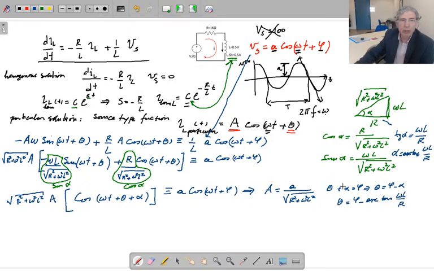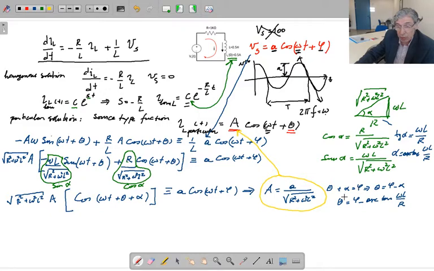What we have done, I'll show you. We said we are going to calculate this capital A, and we are going to calculate this theta. The capital A we just calculated here, in terms of the source magnitude and the element parameters in the circuit.